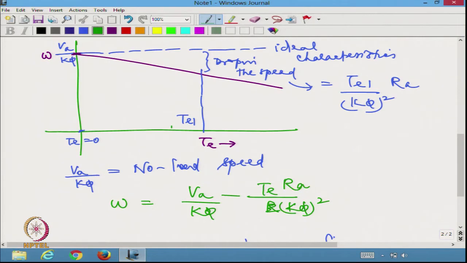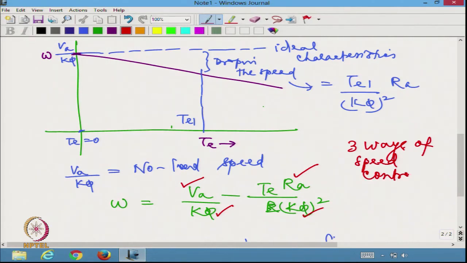So I have totally 3 variables that I can change: either VA, or phi, or RA. These are the 3 ways of speed control in a DC motor.